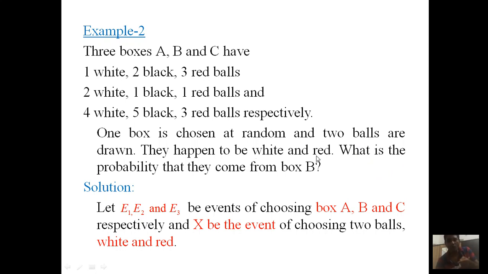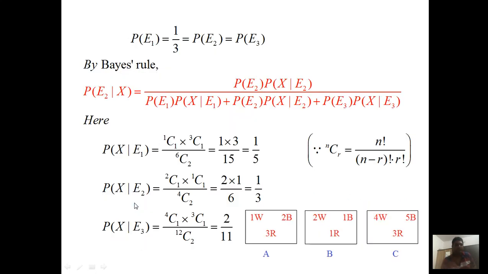We have to find the probability of the event that they come from box B. If the balls are selected from box B, that event is represented by E2. So this can be represented as probability of E2 given X. The left-hand side term shows the probability of happening of event E2 when event X is already finished.